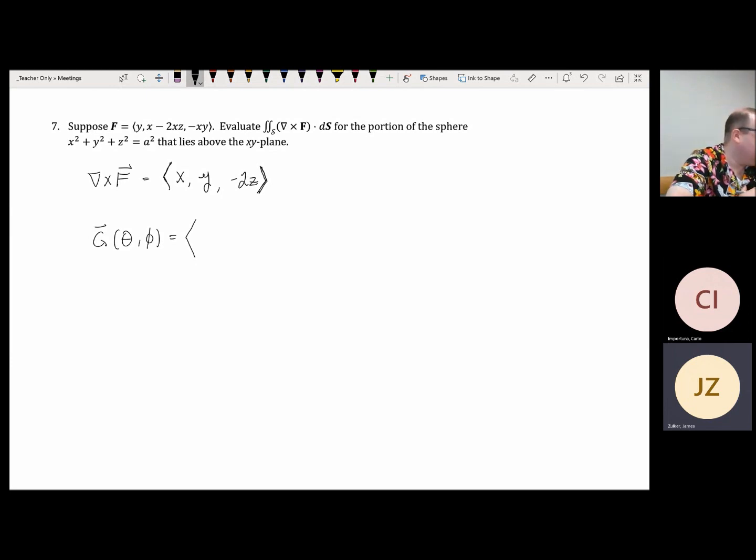Parameterization of the sphere: a cosine theta sine phi, a sine theta sine phi, a cosine phi. Right?